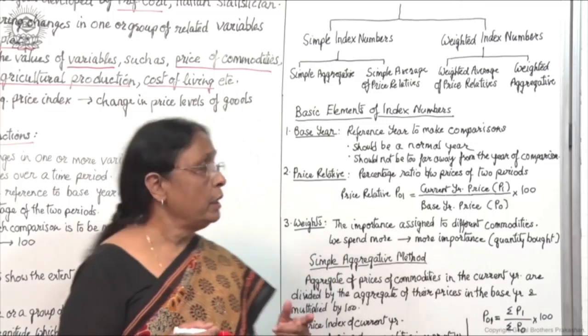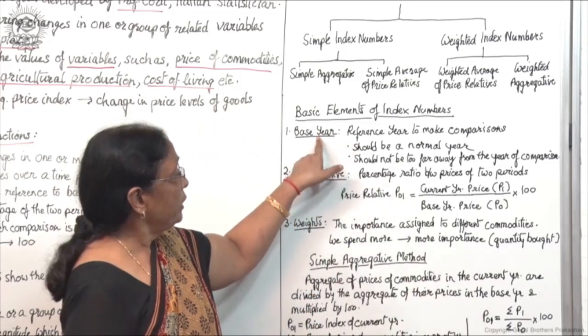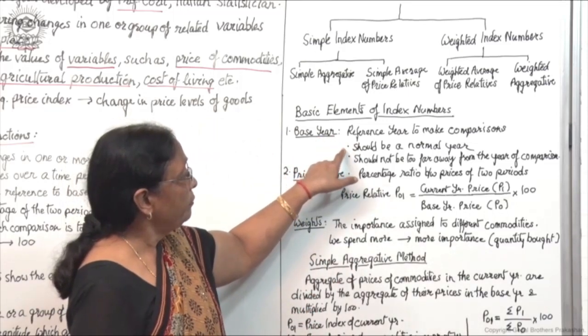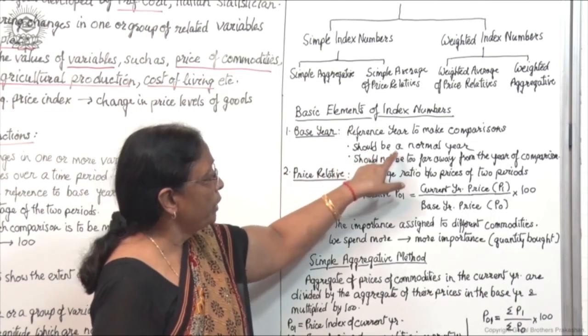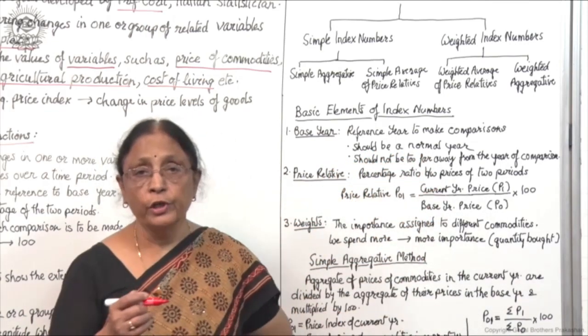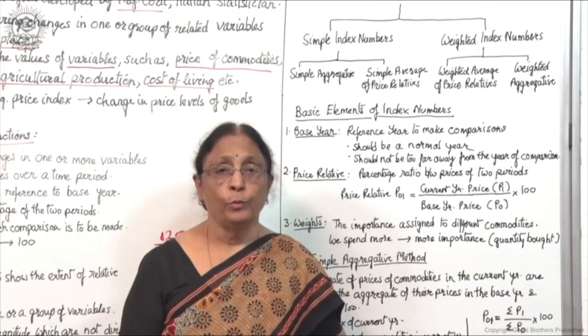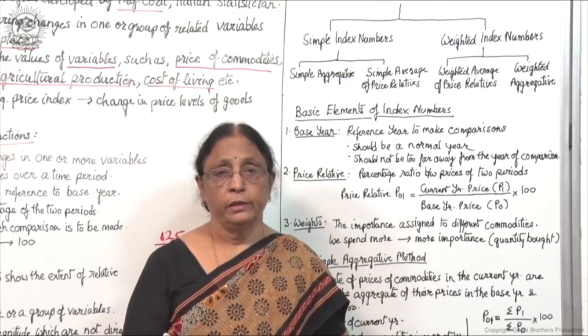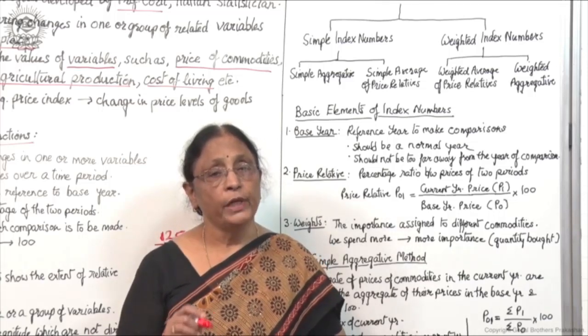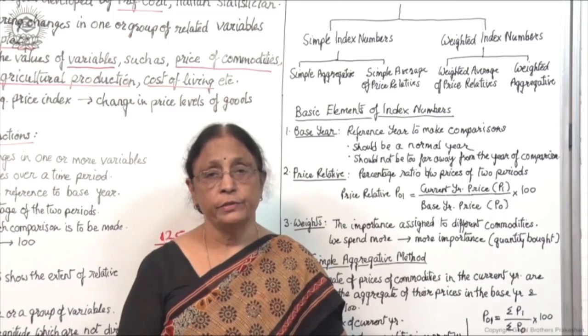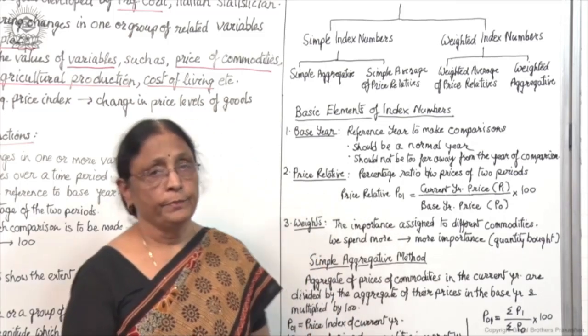So when we take the base year, we consider these points. More or less it should be a normal year, that means no big happenings or big disasters have taken place.